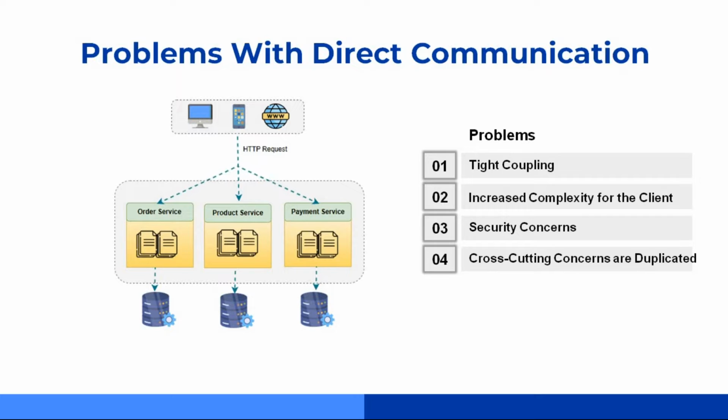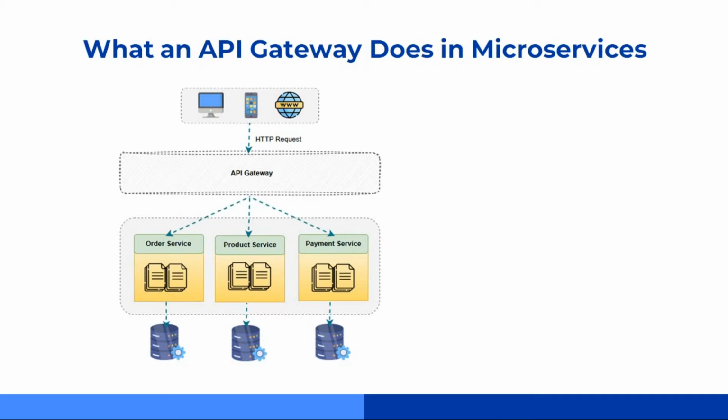It acts like a central entry point that can simplify all of this, handling routing, authentication, logging, and more, all in one place. Alright, so what exactly is an API gateway? Think of it like a reception desk or a traffic controller for your microservices system. Instead of the client calling each service directly, the API gateway sits in the middle.